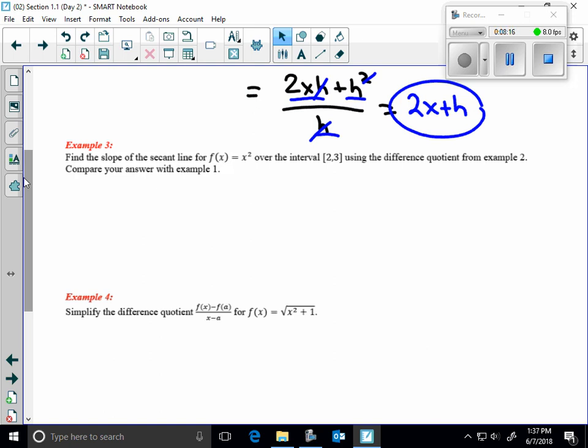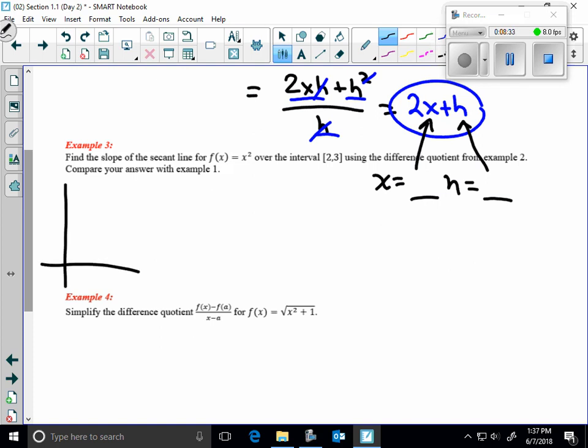So we found that the difference quotient is 2x plus h. Well, what is x? And what is h? Because if we know what x is and what h is, we can plug them in directly here, and we should get the slope, right? Because the difference quotient gives us that. Well, recall when I did the general terms earlier, and I went p and I went q, I called that a and I called this x.